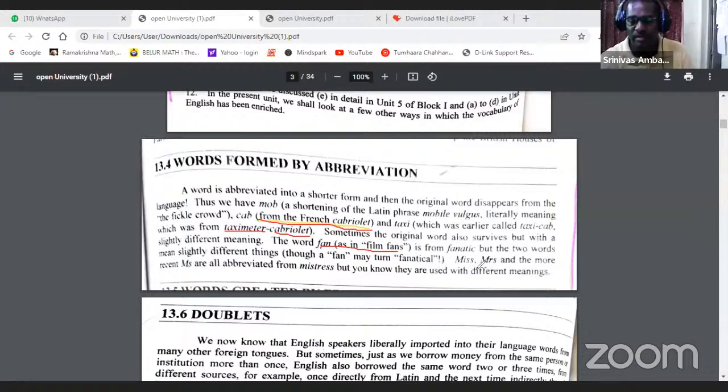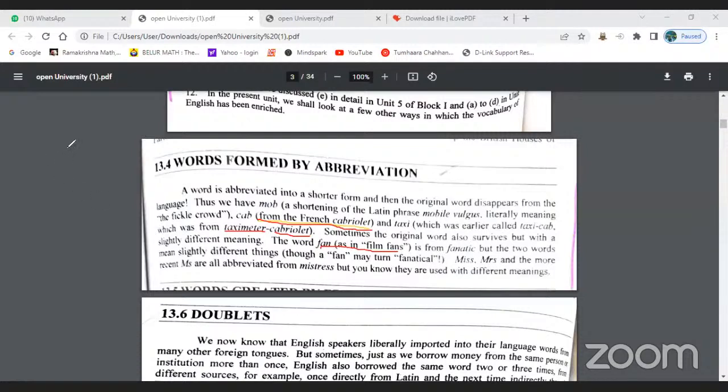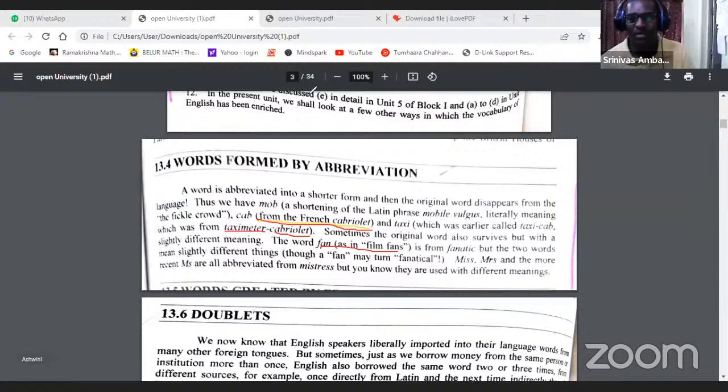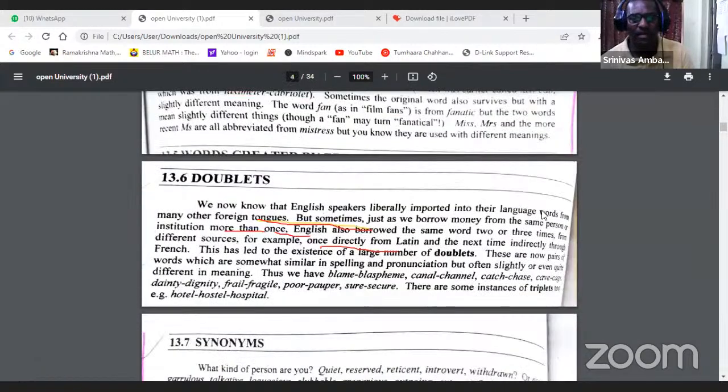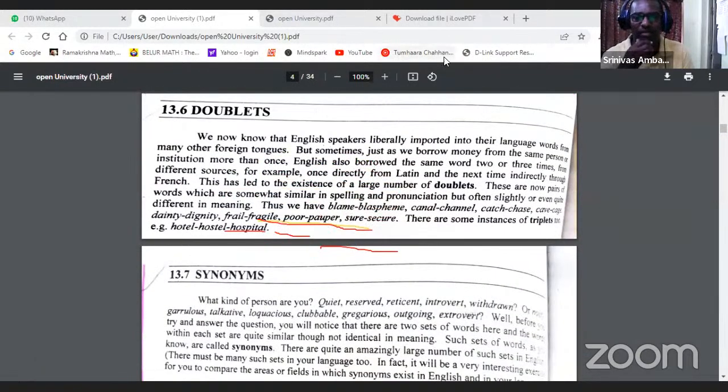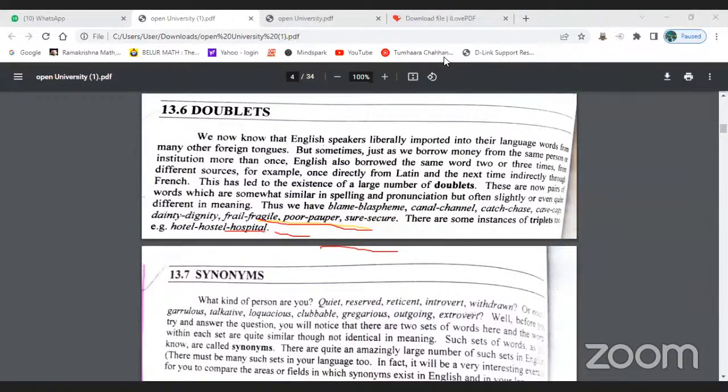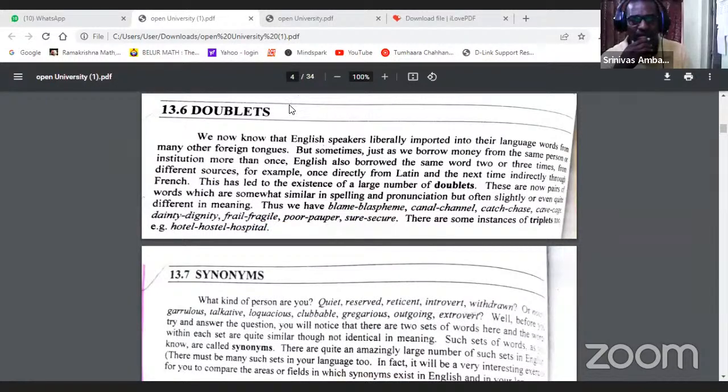Now let us check the doublet. What is a doublet? Just see this and tell me what is a doublet.